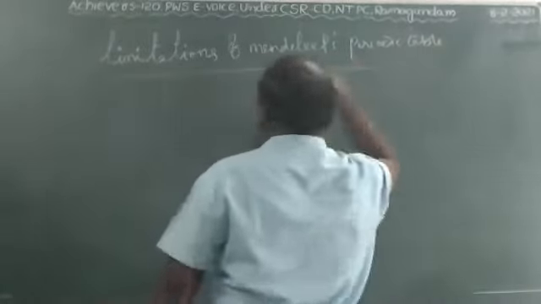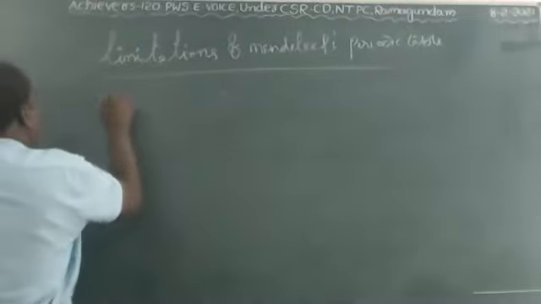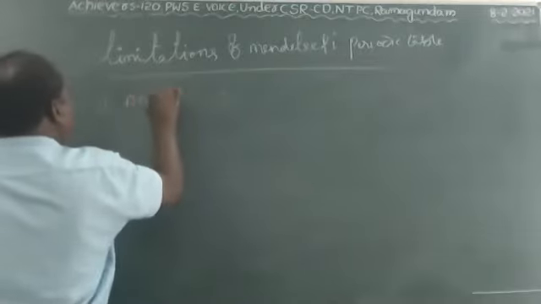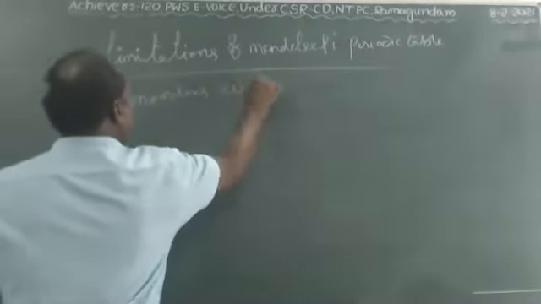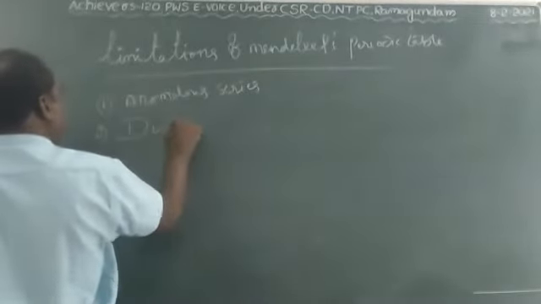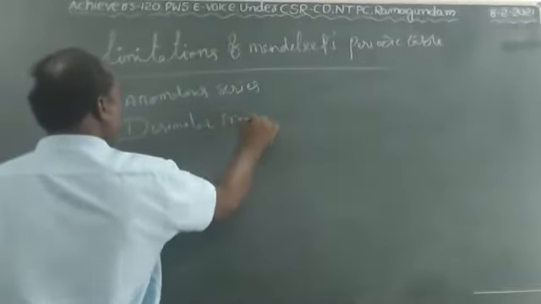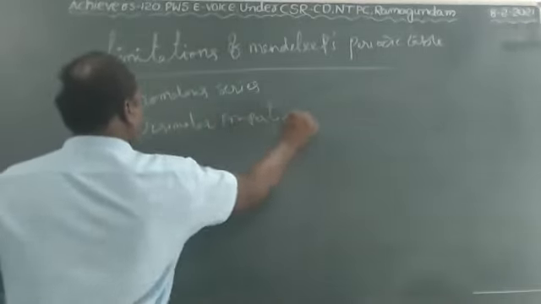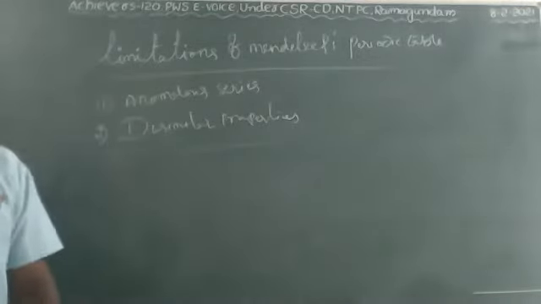Limitations of Mendeleev's periodic table. The first limitation is anomalous series. The second one is dissimilar properties.